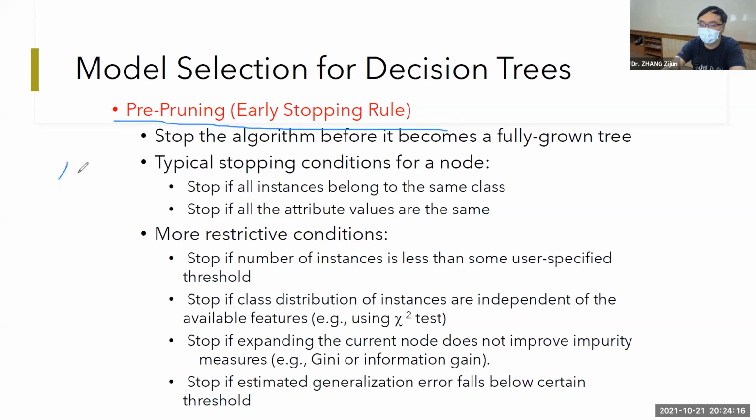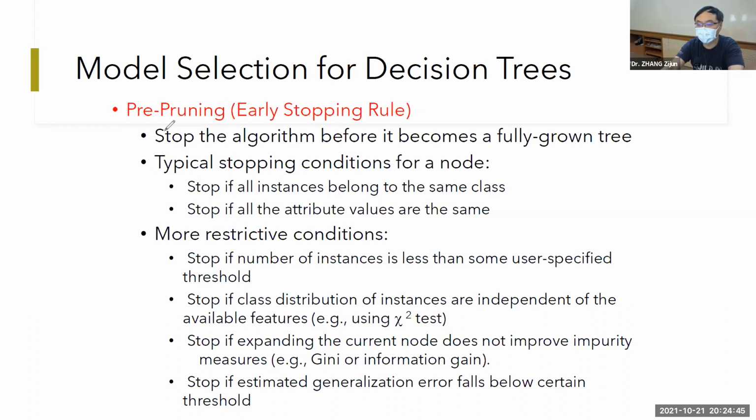That means we grow a tree to some level, then we say, okay, good enough. I stop here. Okay, I stop here. This is called pre-pruning. We didn't grow the tree to its ultimate scale, to its largest scale. We stop early when it grows to some level.